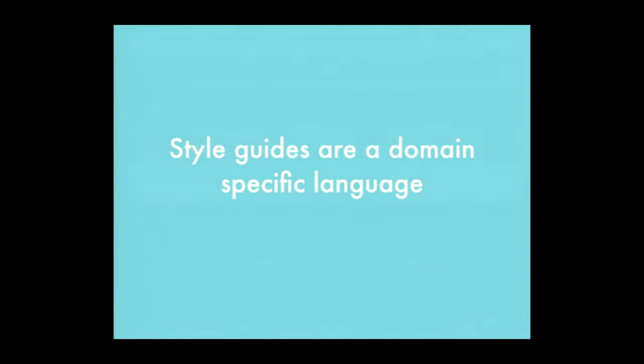Whatever we're trying to build, whether it be a website or documents, we create a language to communicate between marketers, designers, developers, and other people within the organization who have no technical or design background.